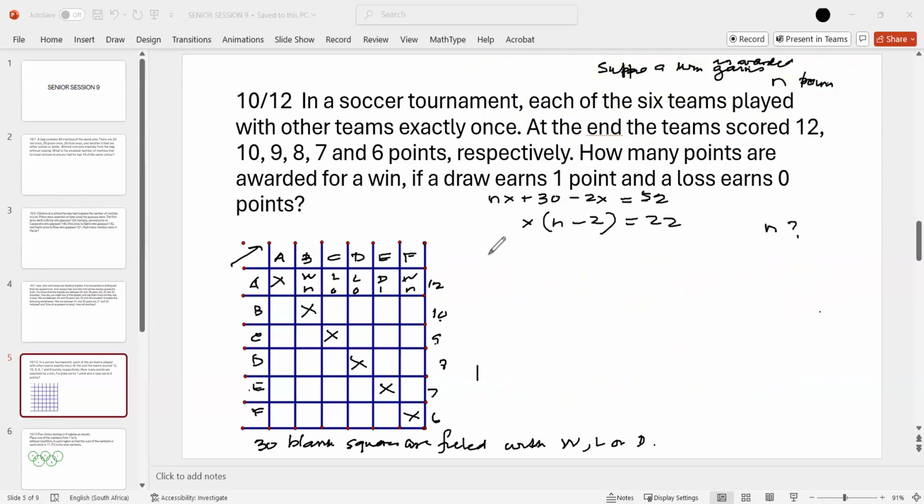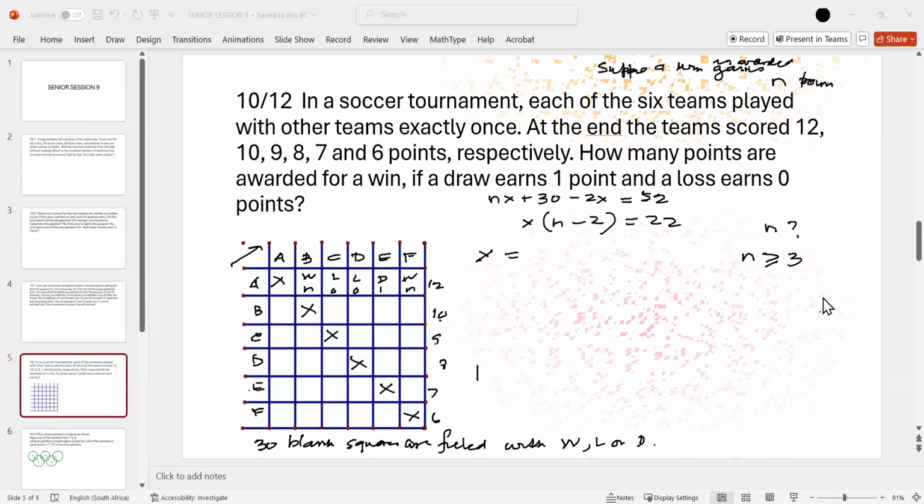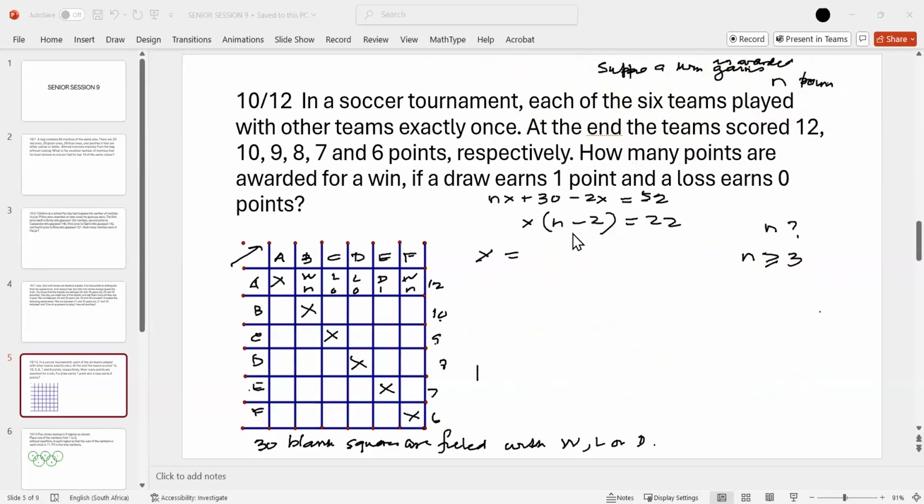So what are the possibilities for x? X is a whole number, and n must be greater than 2. So n is going to be a number greater or equal to 3, because n minus 2 has to be positive.